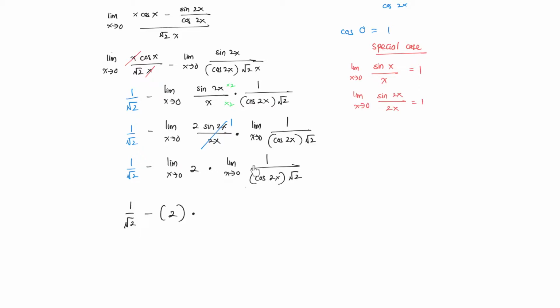Then let's solve for the second limit, for the second part. We can still apply that cos 0 equals 1 to this part. If we substitute 0 into this x, cos 2 multiplied with 0 will become cos 0, and everything here will become 1. We are left with 1 over sec 2.